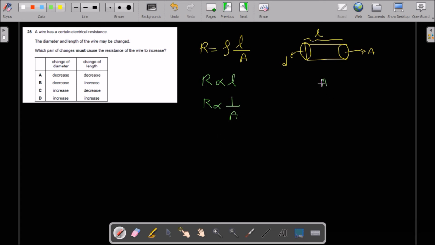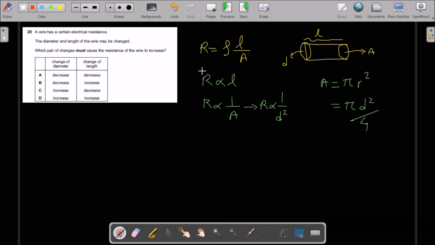We know that the cross section will be pi r squared based on radius, and based on diameter it will be pi d squared over 4. So we can say that R is also proportional to 1 over d squared.